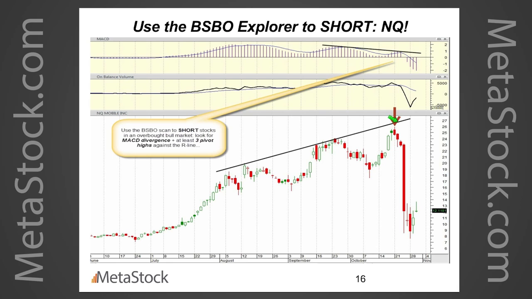But when the signal is coming up as it does here in NQ, which is NQ Mobile, I believe a Chinese internet company, though I could be wrong on that, when it's coming up right against a resistance trend line, and here we have a well-developed, clearly defined one. We have a nice single touch point here.